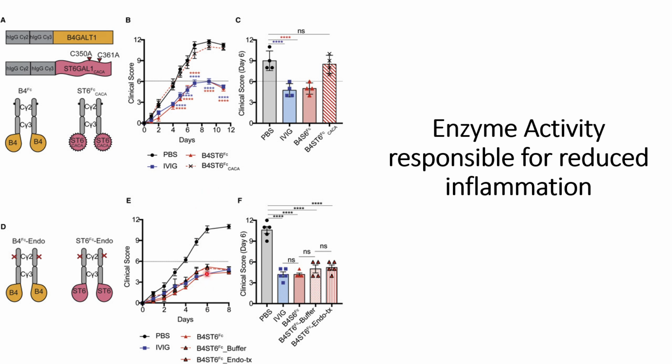the quantification of panel E is in panel F, where we can see the reduction in the clinical score for all the cases, including IVIG, whose results are also shown in panel E. The results for IVIG and B4ST6FC, or B4ST6FC with the endo buffer, or B4ST6FC with endo-TH are non-significant relative to each other, but they are significant compared to the control case, that is PBS.